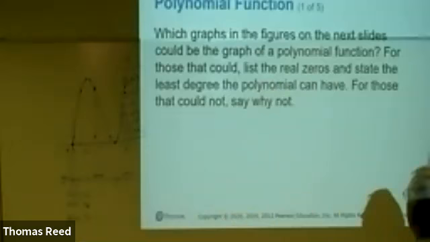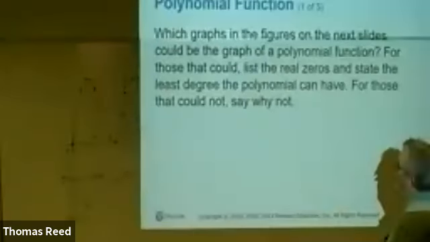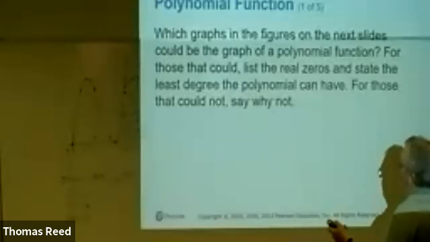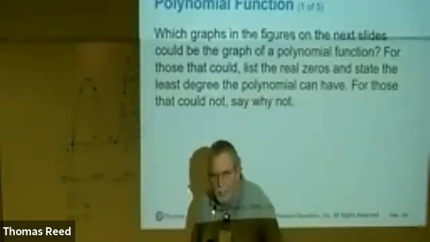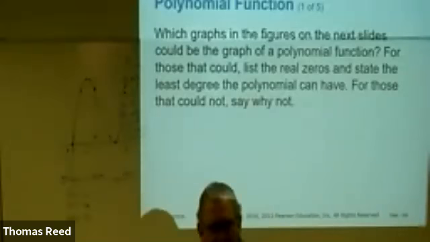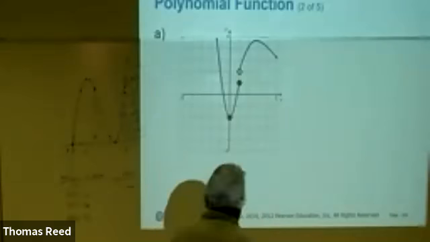So which of the graphs on the next slide could be the graph of a polynomial function? For those that could be a polynomial function, describe what the real zeros are and state the least degree. What's the smallest degree that polynomial function can have? So, is this a polynomial function?